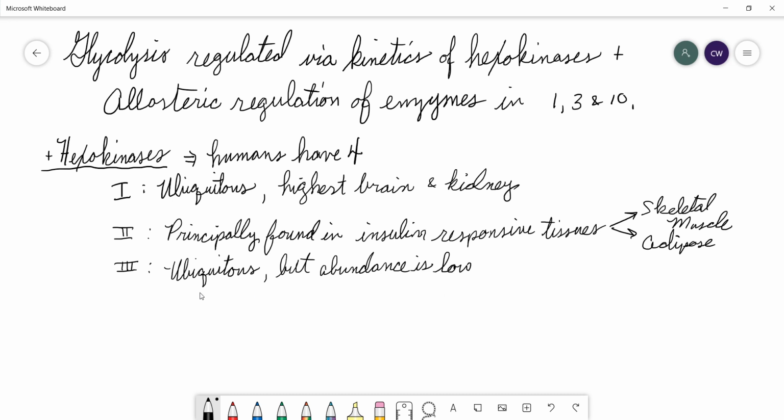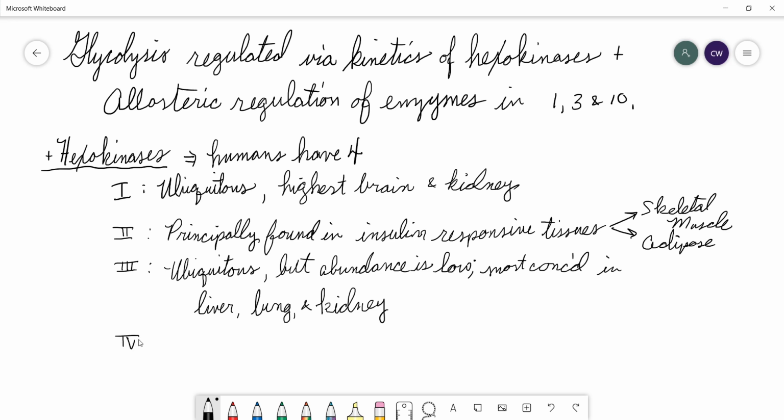Tissues in which it is most concentrated are the liver, the lung, and the kidney. So you can see that hexokinase 3 is really focused in our tissues that are being used to help provide energy and clear waste.